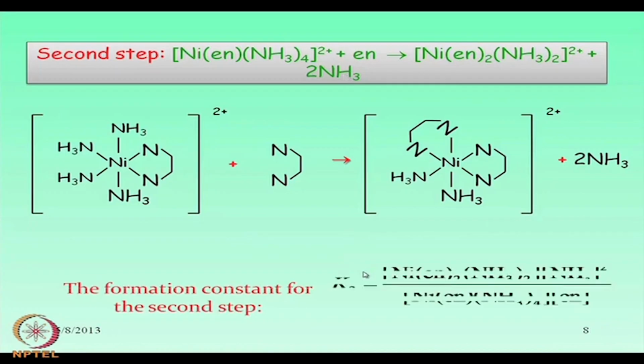So, in this particular case also we should be able to write the formation constant by knowing the corresponding concentration of this particular species, which is forming as the intermediate species.